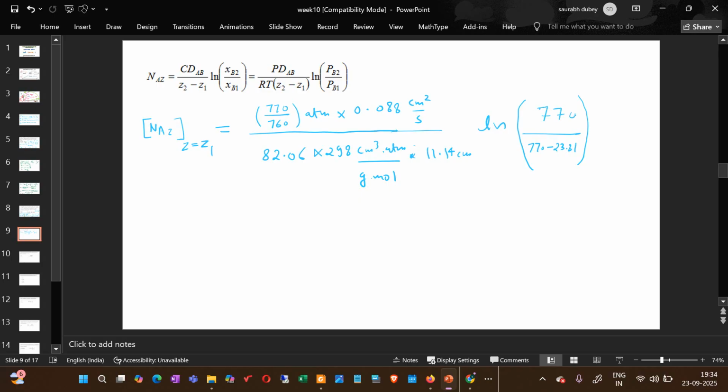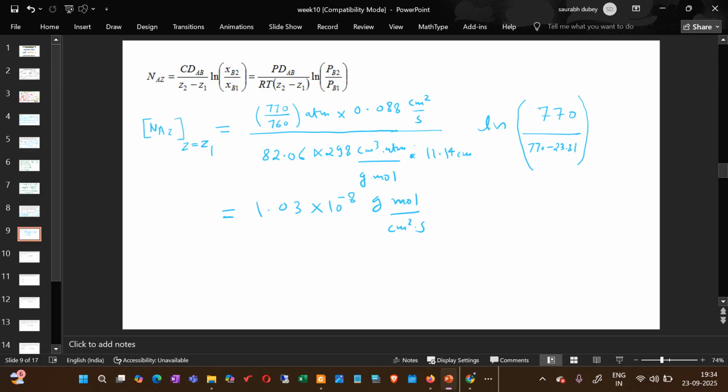So it is PT minus PA1, or here if you write PT minus PA1, it is PT minus PA1 is 0, right? Once you solve it, what you are going to get is 1.03 into 10 to the power minus 8 gram mole per centimeter square second, right?